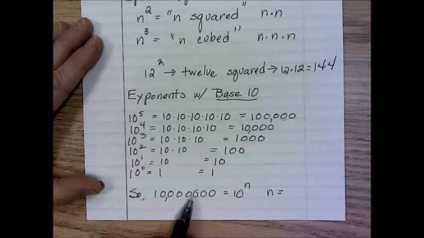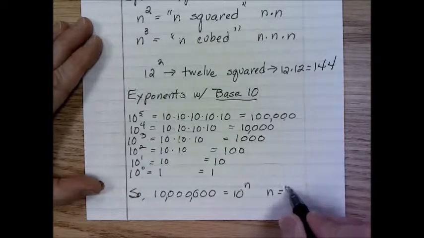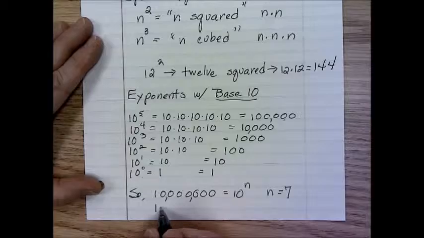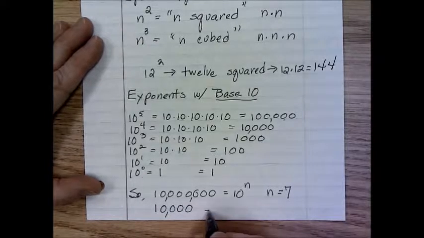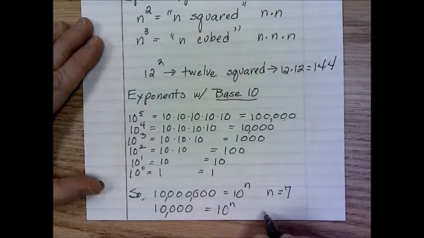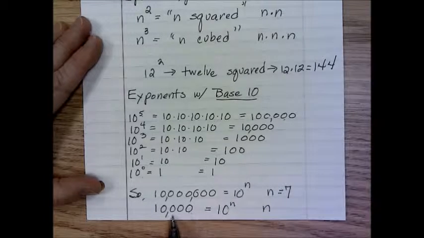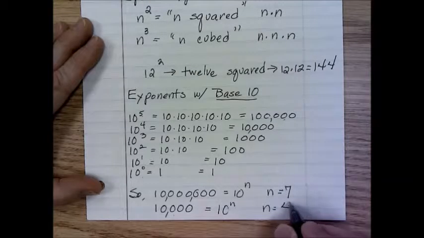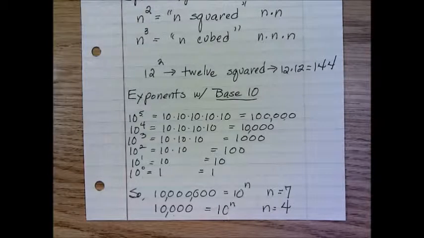I have 1, 2, 3, 4, 5, 6, 7, so the exponent would have been a 7. If I had the following, equals 10 to the power of n, and we have 1, 2, 3, 4, so n would be equal to 4.